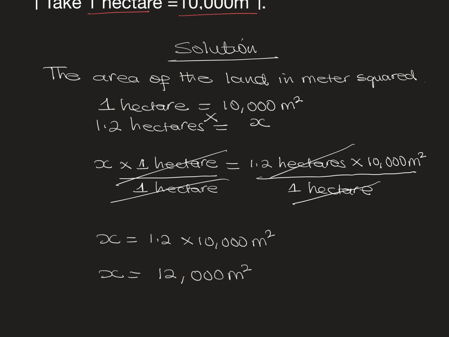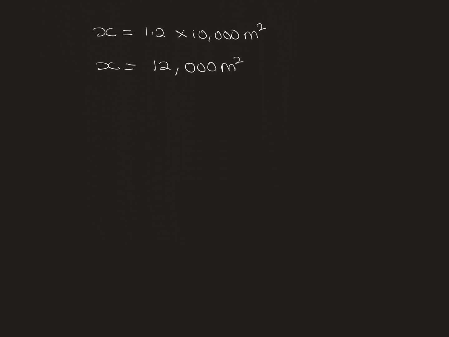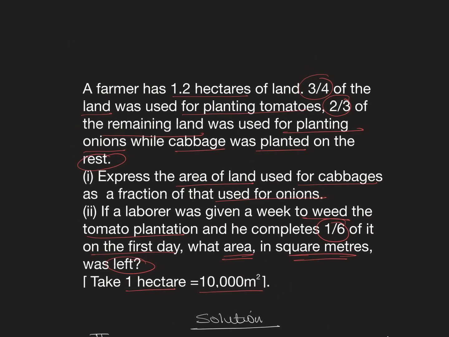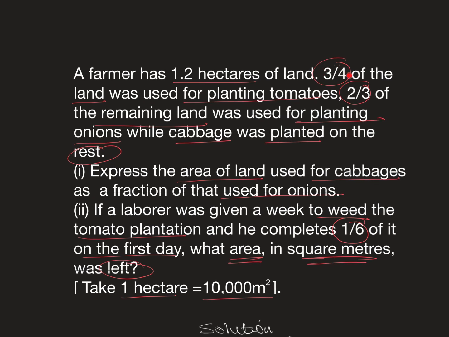All right, moving on. If I want to represent this information using a diagram to help us understand, let's say this is the plot of land of the farmer. From the question, it says that 3/4 of the land was used for planting tomatoes.